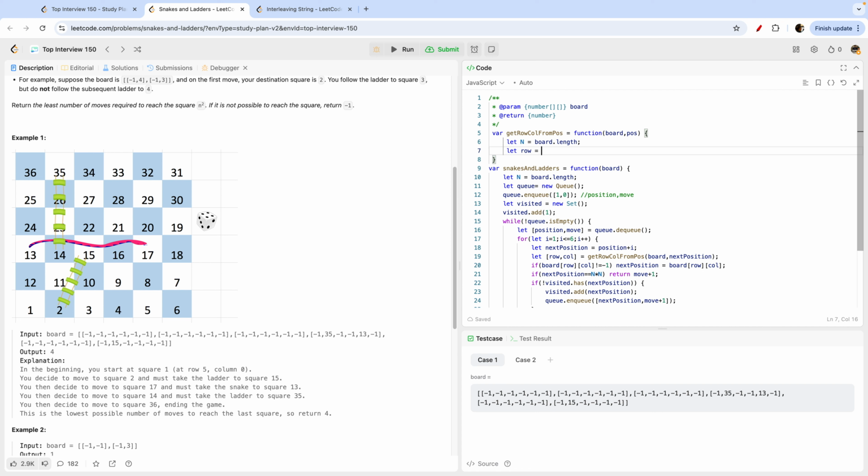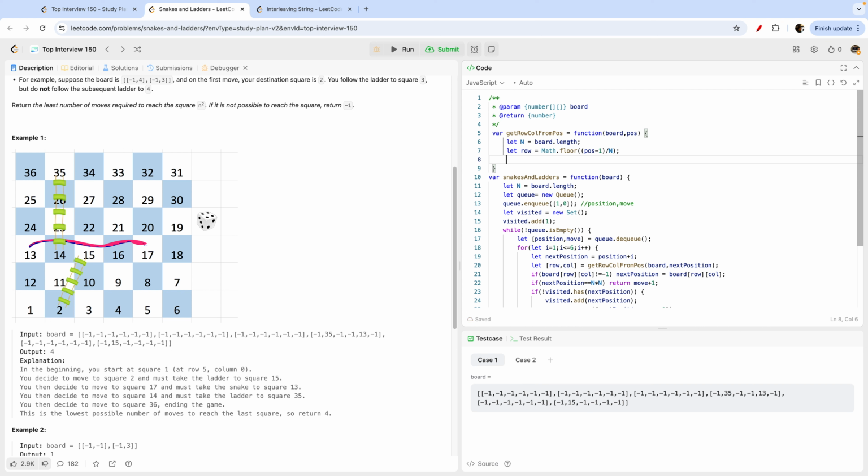Row would be (position - 1) divided by n, and we need to floor it; in Java it will be integer division. Column would be (position - 1) modulo n.